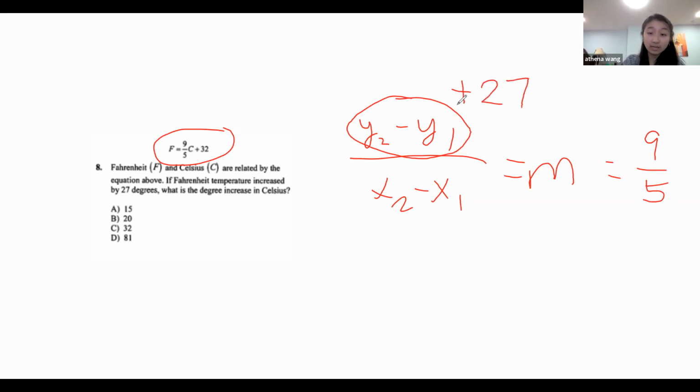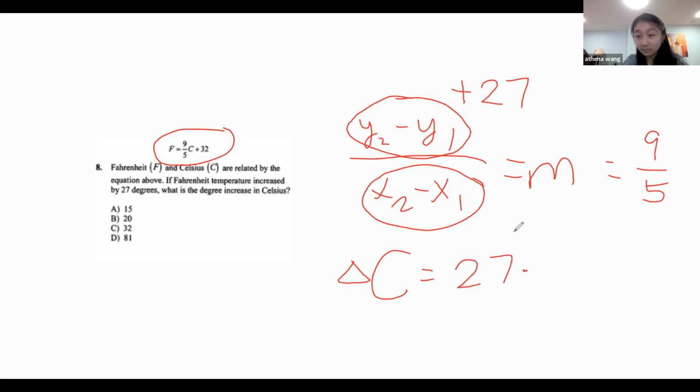Then we need to find the change in the C, the Celsius. So we have that the change in the Celsius, we're going to do delta C, is equal to 27 times 5/9. Okay?